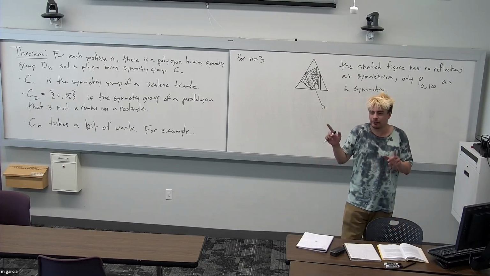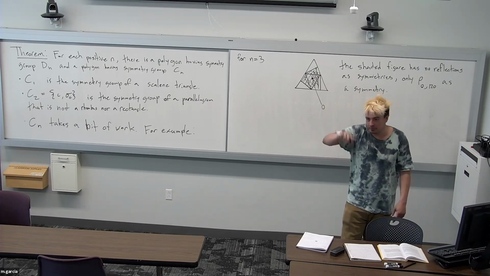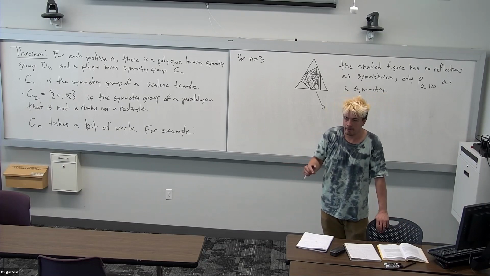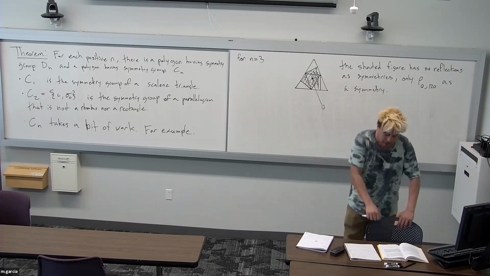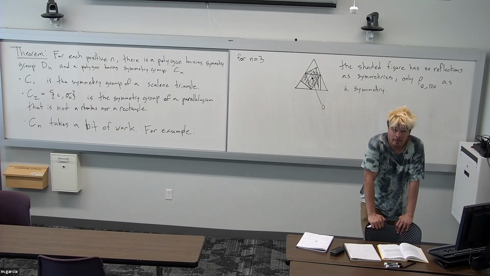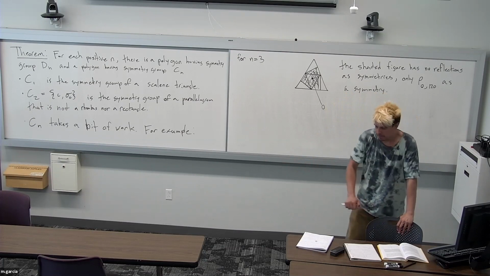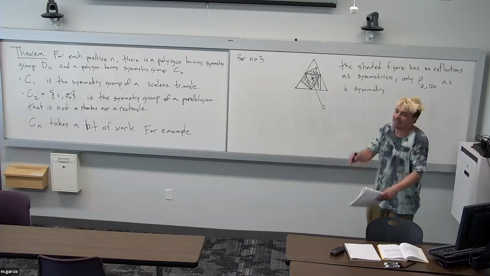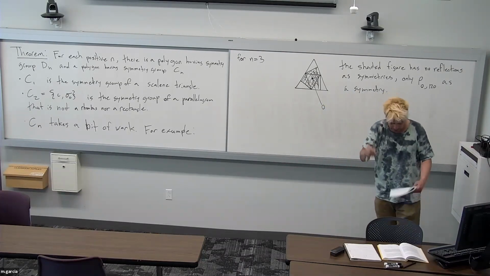You were asked to draw a figure that only had rotation by 180 degrees as its symmetry, right? No, it would have been triangle. Yeah, it was supposed to be 5.